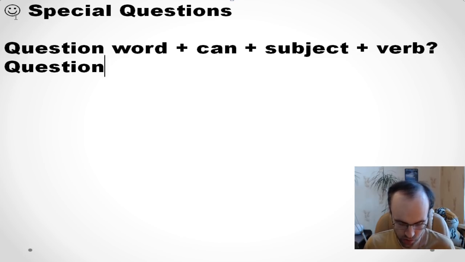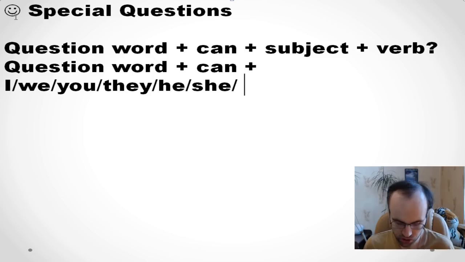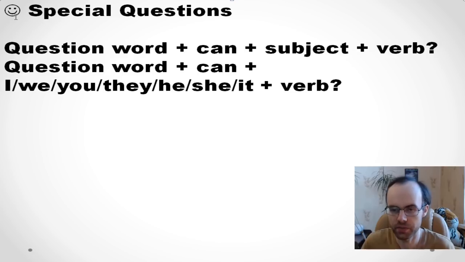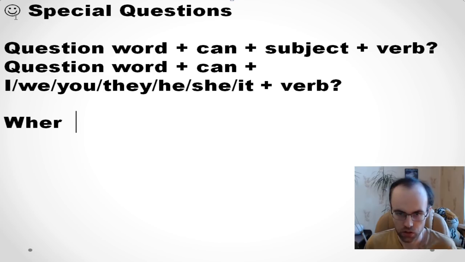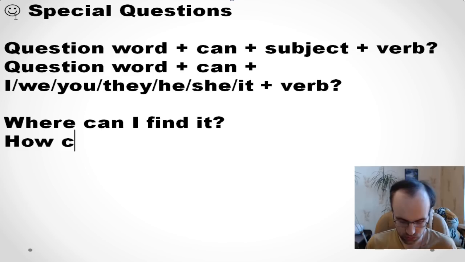Or question word plus can plus I, we, you, they, he, she, it, plus verb. Okay, for example, where can I find it? Where, it's a question word. Where can I find it? How can I help you?